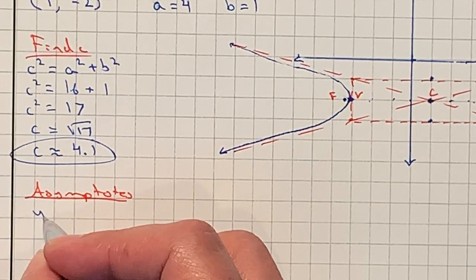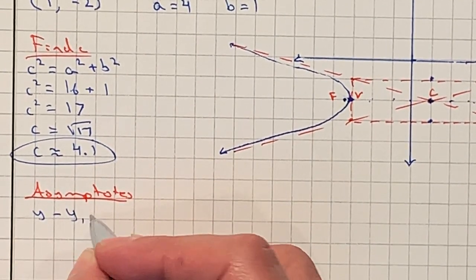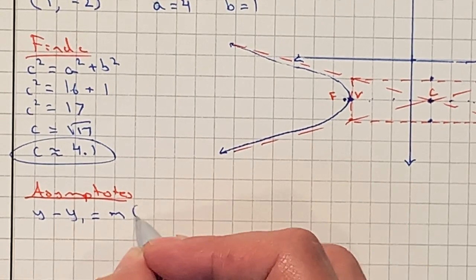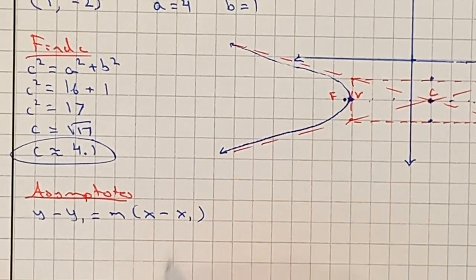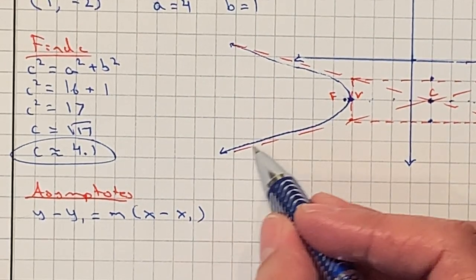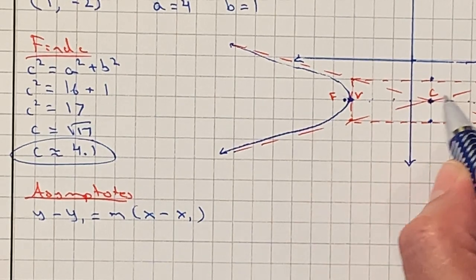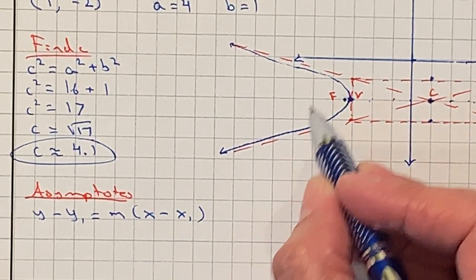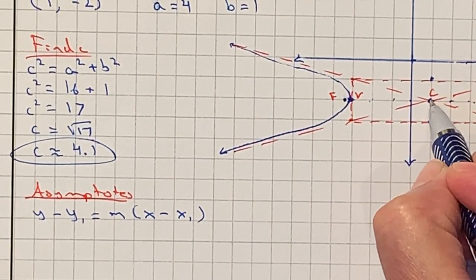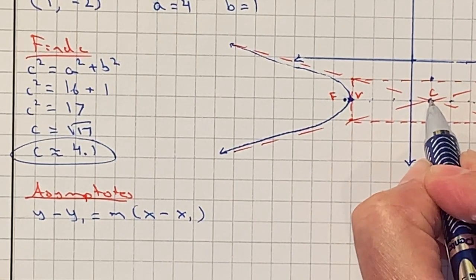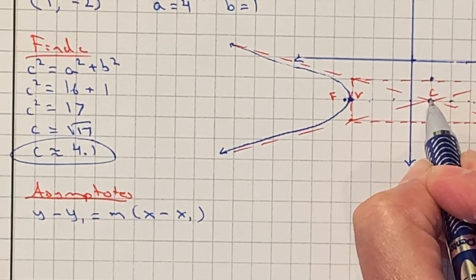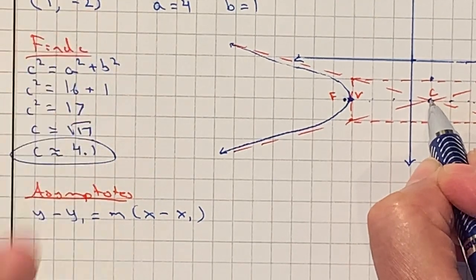So it will be y minus y1 equals m times x minus x1. And I want to find a point that the line goes through first. Notice that in this case, once again, they cross the same point. So I want to use the same point for both, which will be your center, which is 1, negative 2.